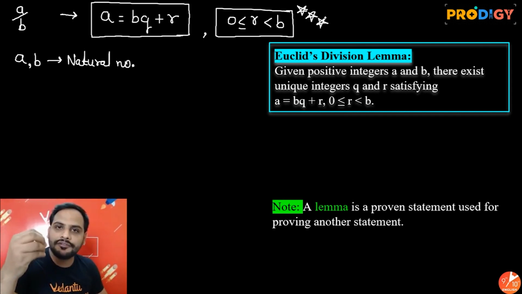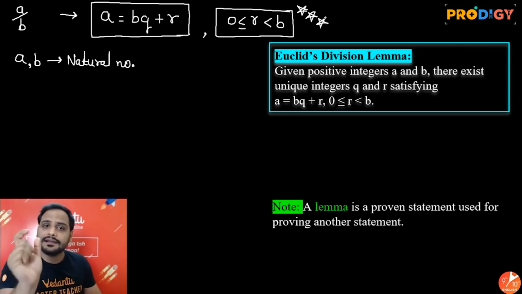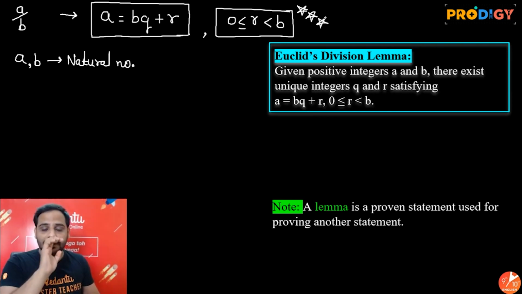So the values of the remainder will depend upon the value of b. a and b will be natural numbers; you can pick any natural number you want. The remainder's value, or the value of r, will be either 0 or more than 0, but it has to be less than b.